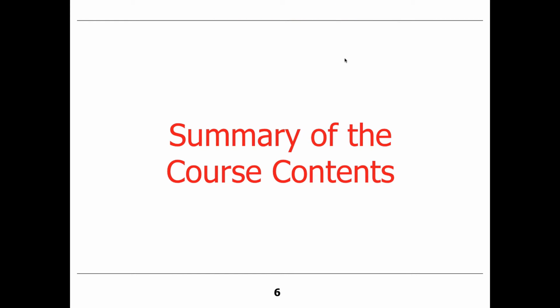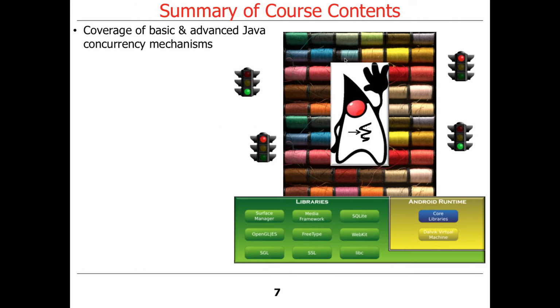So let's talk a little bit about what we'll be covering in the course. We'll be covering basic and advanced Java concurrency mechanisms. As you'll see, concurrency really is about allowing computations to run simultaneously, which works great nowadays because almost everybody has multi-core hardware. And we'll talk a lot about that here in just a minute.